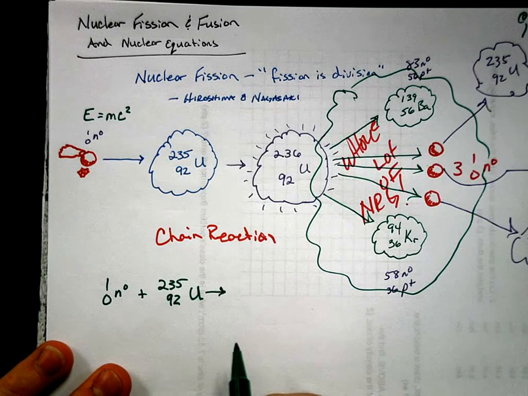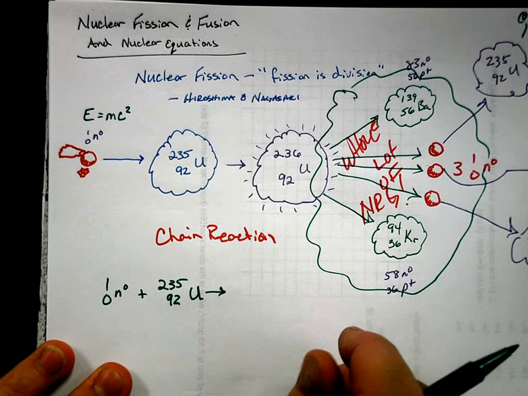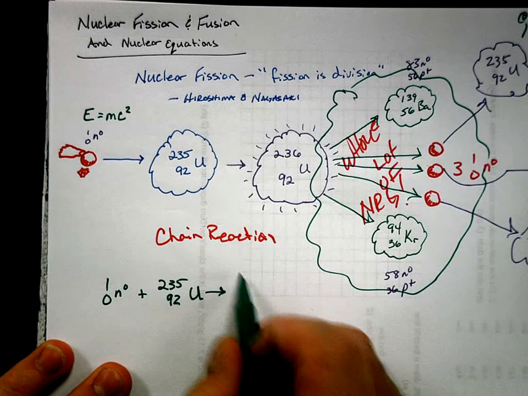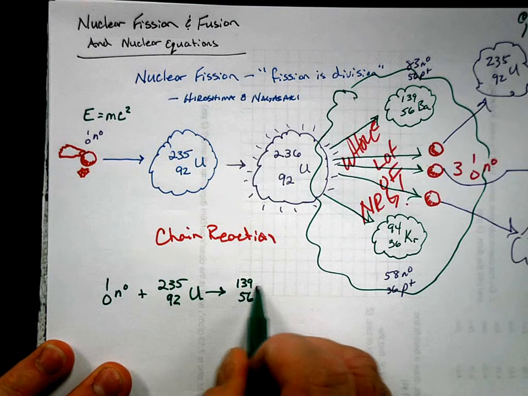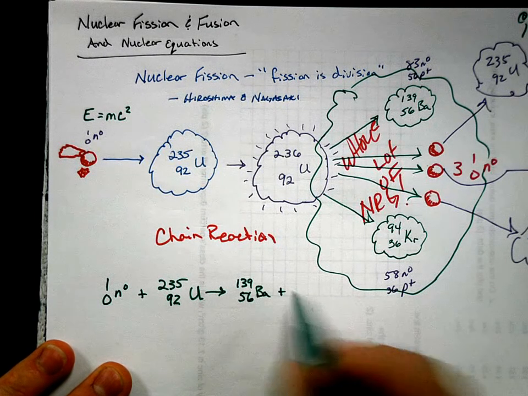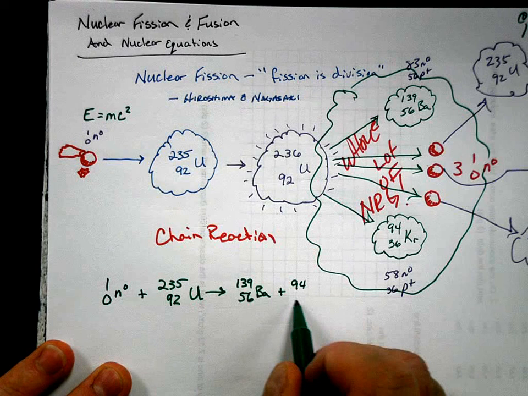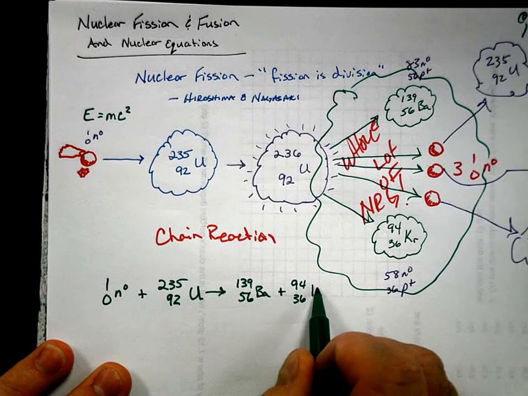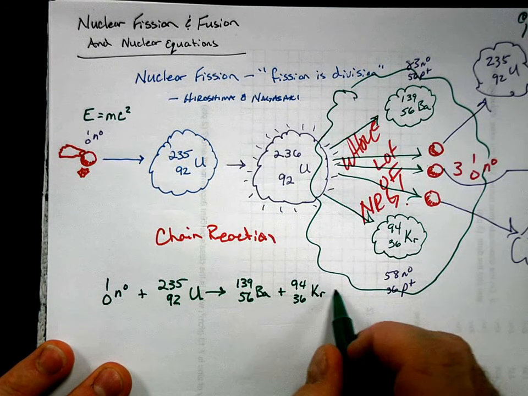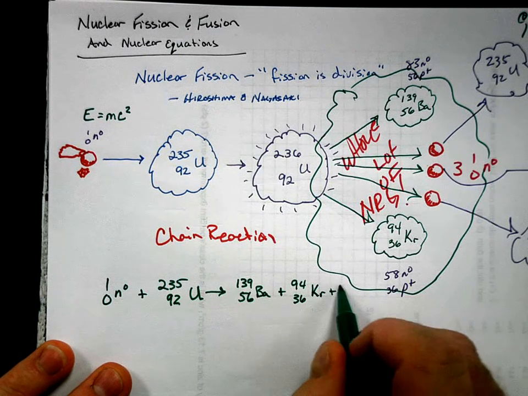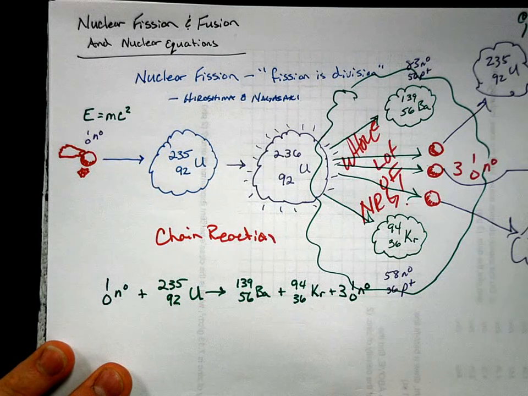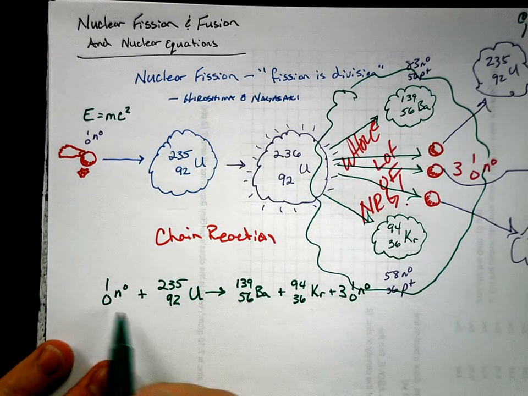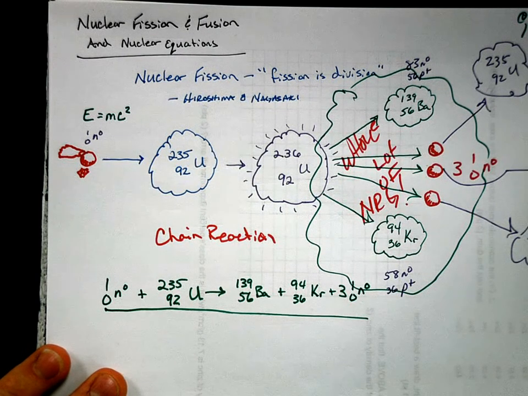It produces a barium-139 (atomic number 56), a krypton-94 (atomic number 36), and 3 neutrons. That is the nuclear equation for nuclear fission.